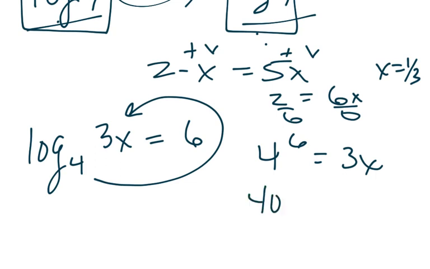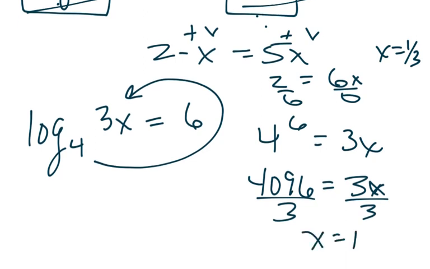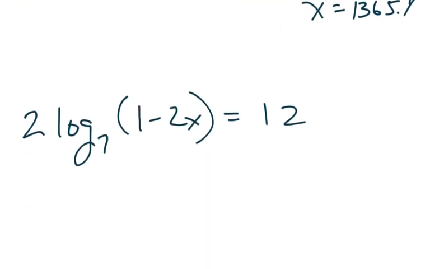That's 4,096 equals 3x. And then we'll divide that by 3. I think you get an answer of like 1,365 and a third. Okay?